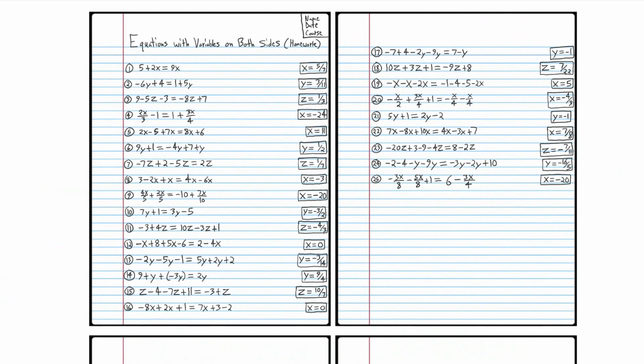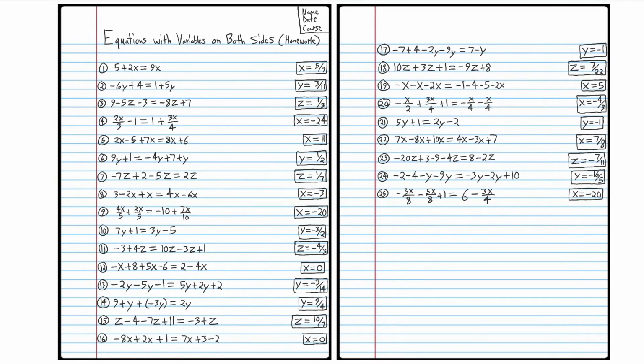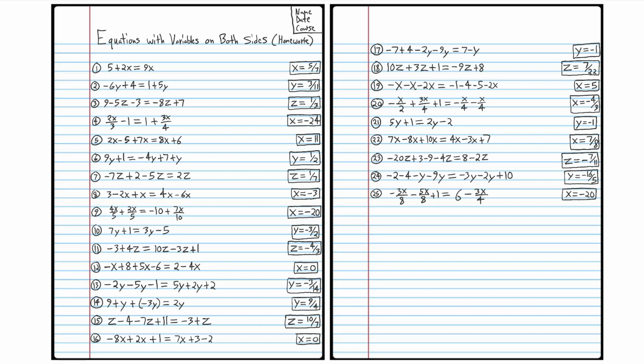So now we're ready to look at the homework. So this is the homework. Take a screenshot of that. And remember, you must do the homework completely and correctly and show all work just like I showed the work. Rewrite the step before you're going to perform an operation on both sides of the equation.